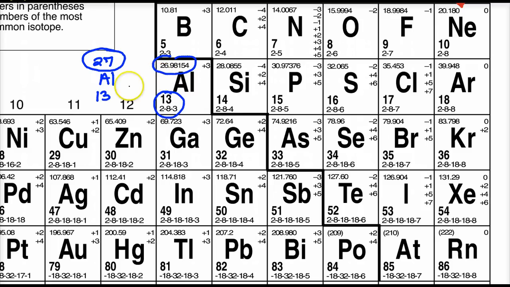But 1 or 2 of them have the highest abundance, and usually it works that one of the isotopes is in a larger abundance. So 26.98 means that the isotope that exists in nature with the greatest percentage, or the greatest amount that we find in nature, is aluminum 27.